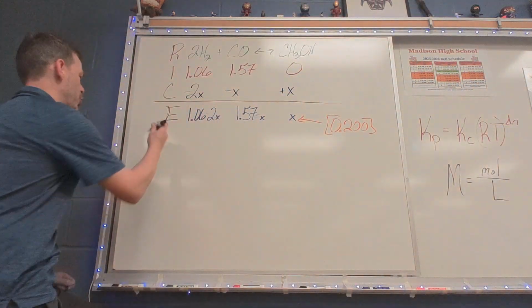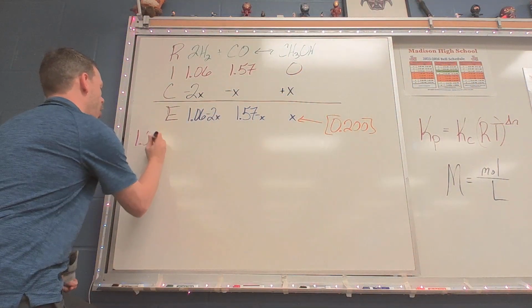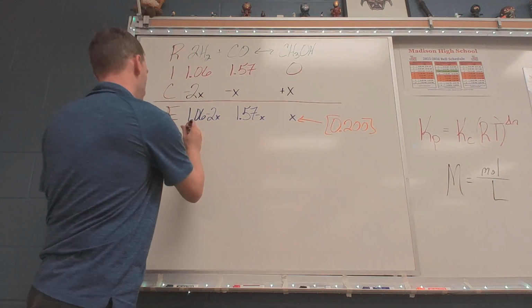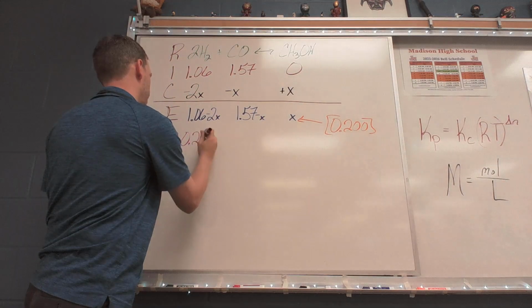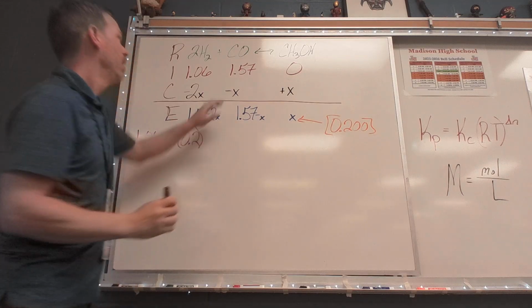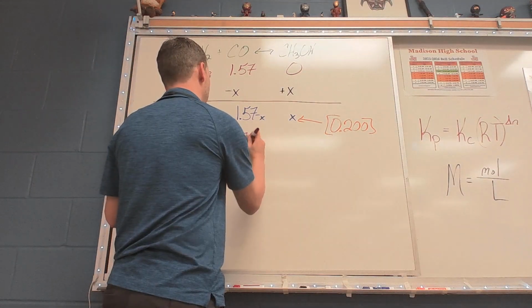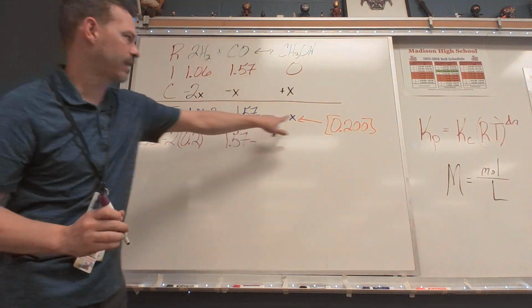So for the hydrogen, it'll be 1.06 minus 2 times X, which is 0.2. For the carbon monoxide, it'll be 1.57 minus X, which is 0.2.